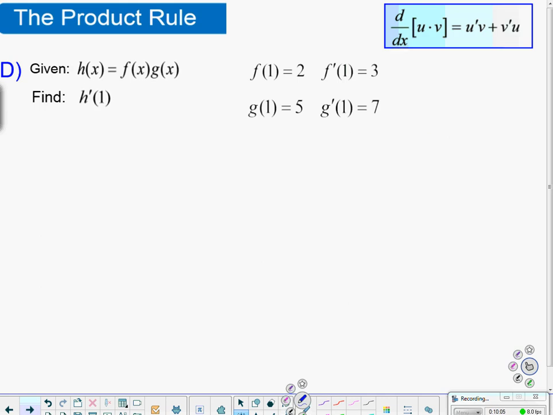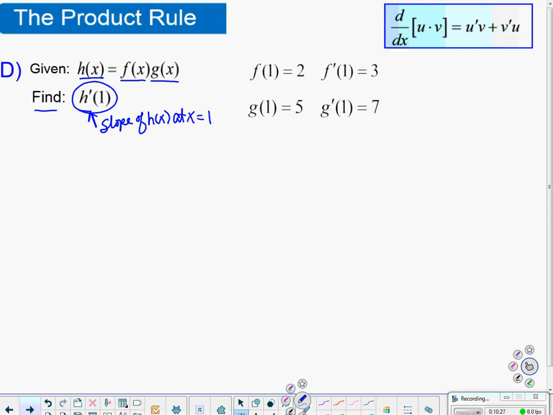Either one of these are very acceptable answers. This one, okay, so it says given H defined by F times G, and then it's asking us to find or evaluate H prime of 1. So essentially what we're doing is finding the slope of H of X at X equals 1, right?